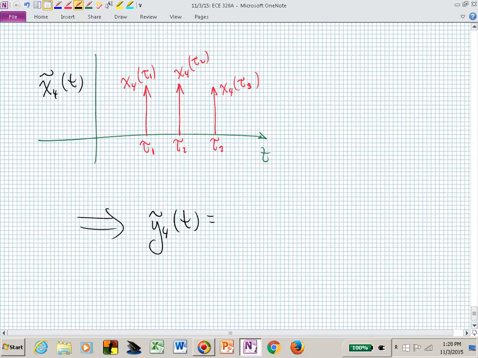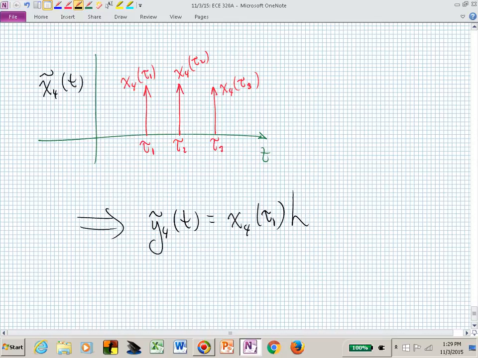Now I have an impulse with weight x sub 4 of tau sub 1. What's the output due to that? I'm hitting the system with an impulse, and you already know the impulse response. You know it has to be a weighted impulse. And how is it weighted? By the weight on the impulse. This should be x sub 4 of tau sub 1. That's the weight. And now what's the h?